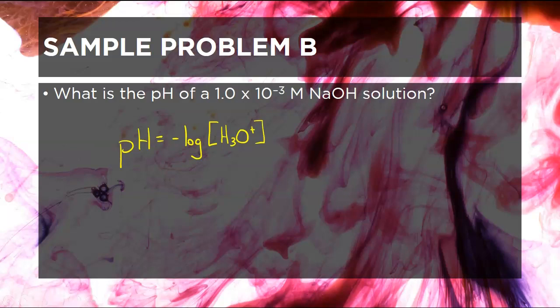There's a couple ways we can go about this because we don't know either the pH or the hydronium count. Why is that? I should have asked you, is sodium hydroxide, do you think that's going to be a strong acid or a strong base?